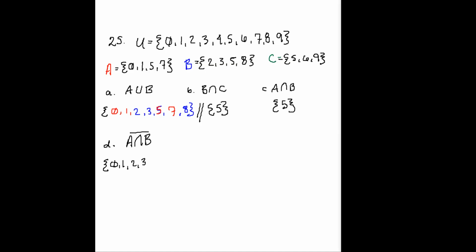What did you say it was? Well, answer A except for number 5. So it'd be 0, 1, 2, 3, 7, and 8 because it's not the intersection, which is 5. So it's everything else in the universal set except for 5. Correct? Yes. Okay.